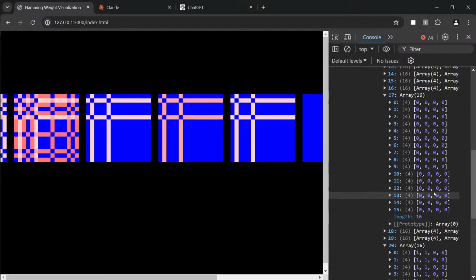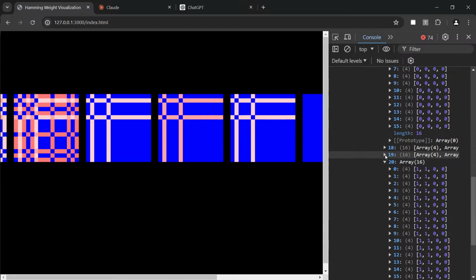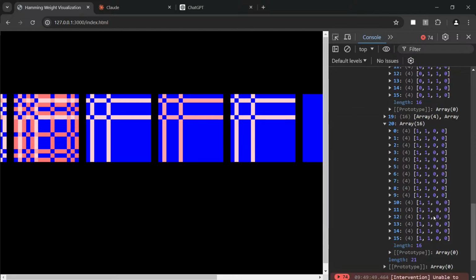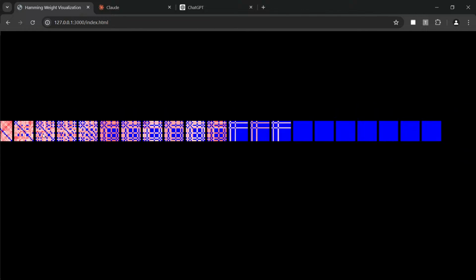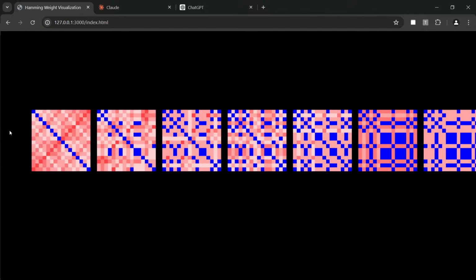Right, and it's still bouncing around though, like it's not keeping one output. It's moving around, which makes sense, I guess. Yeah, so like blue is having distance 0.